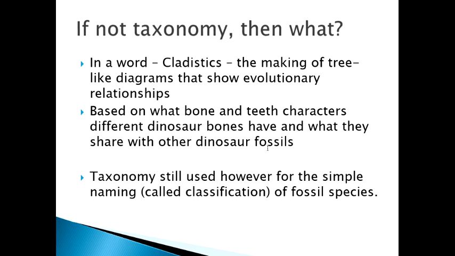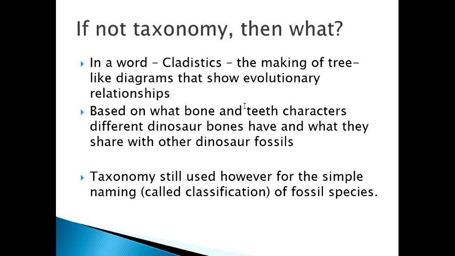And it's based upon what characters organisms have in common rather than what they don't share in common. It's a very complex subject, and if you're really interested in this type of thing, there are a few classes in the biology department that you can take for this. But for us, let's just make this transition.